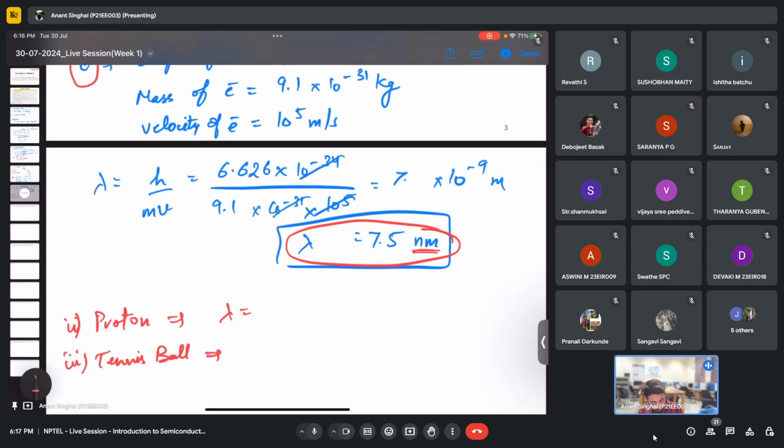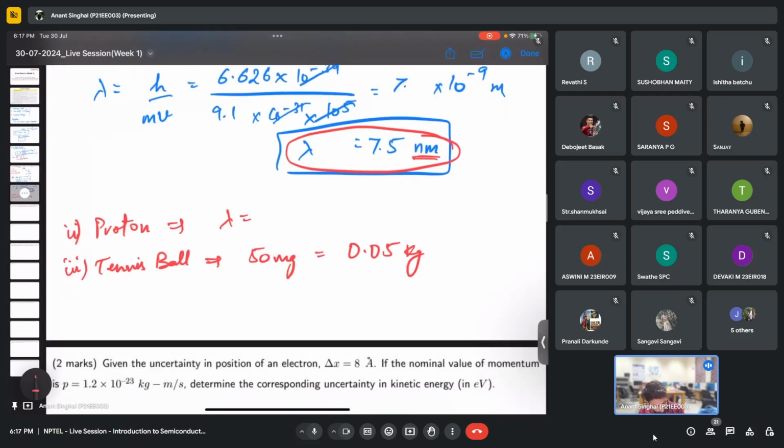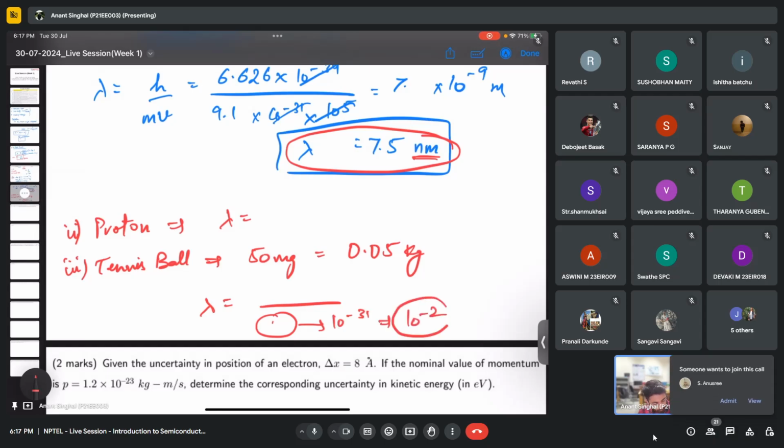So if I even assume a tennis ball to have, let's say, some half a kg or even 50 milligrams of weight, you can say it's 0.05 kg. If I keep this weight and again the velocity is the same, and you calculate, what we have done is reduce the mass from 10 raised to power minus 31 to, let's say, 10 raised to power minus 2 kg.